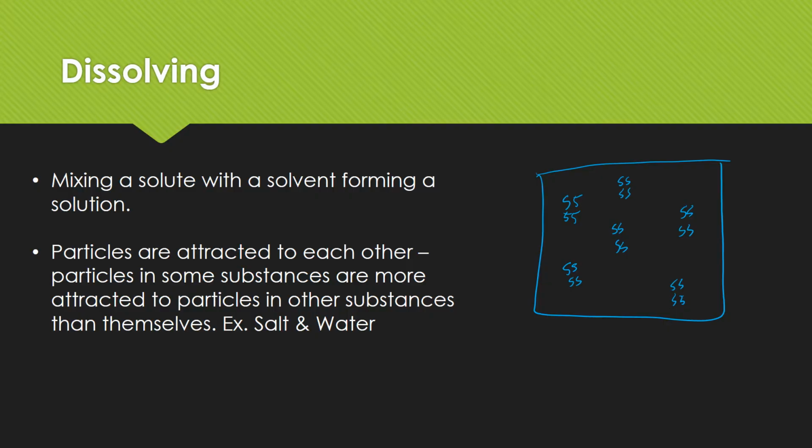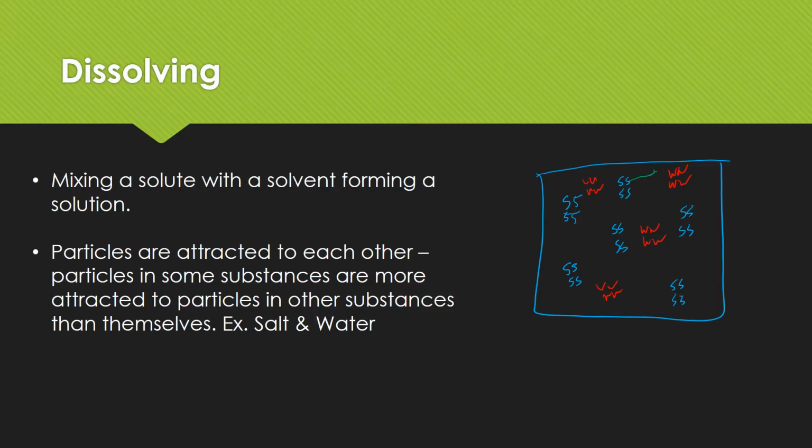Now, if I pour in this glass of water particles, and there'll be the red here, they're hanging out here now that we've poured it in. Well, some substances, like salt here, rather than wanting to stay together with each other, are now more attracted to those water particles.